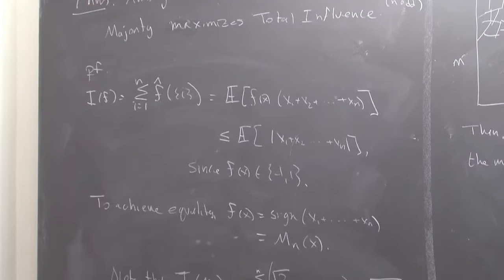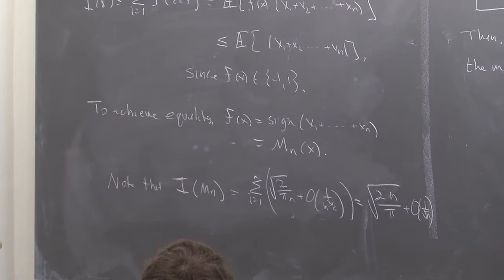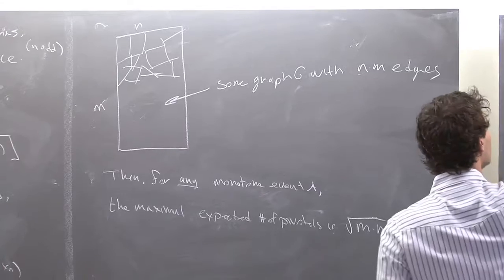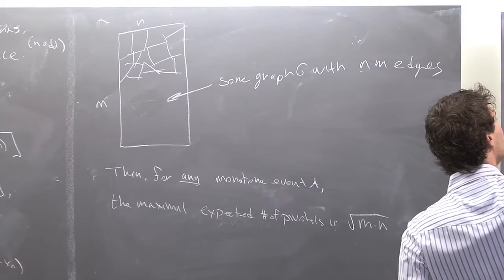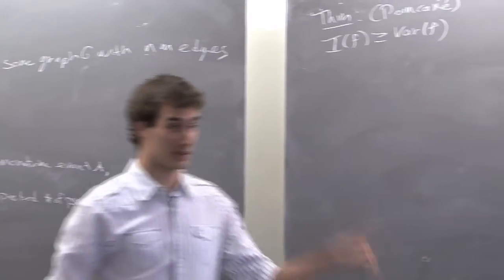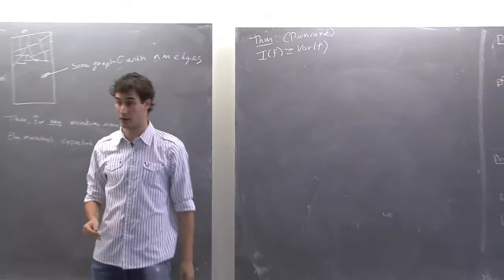Our second non-trivial bound of the day: the Poincare bound. Whereas a single coordinate was bounded above by the variance, the total one is bounded below by the variance.